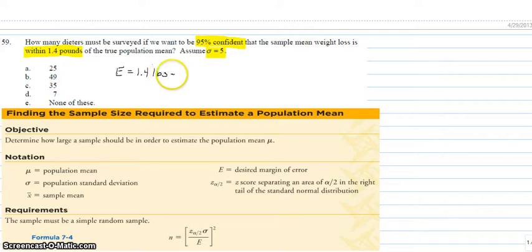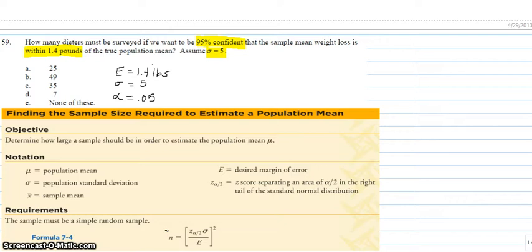We are told that the population standard deviation we are to assume is 5. And then because it's a 95% confidence interval, alpha is 0.05.